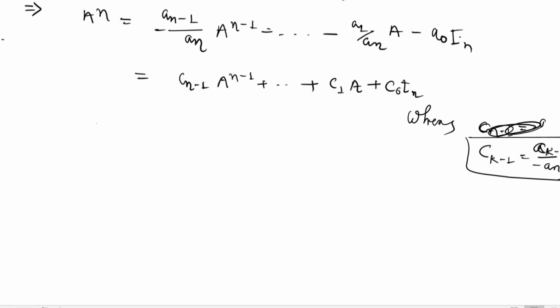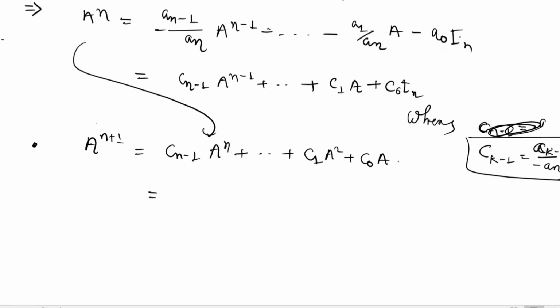Now also, multiplying both sides by A again, we get A to the power n plus 1 equals c_(n-1) A to the power n plus ... plus c_1 A squared plus c_0 A. Here we put in the value of A to the power n, and it can also be written as some coefficient times A to the power n minus 1, plus ... plus some coefficient times A, plus some coefficient times I. So it is also a linear combination of the identity matrix, A, ..., A to the power n minus 1.